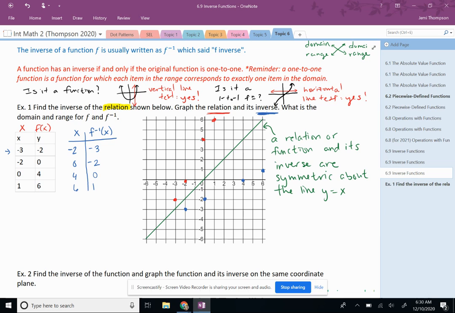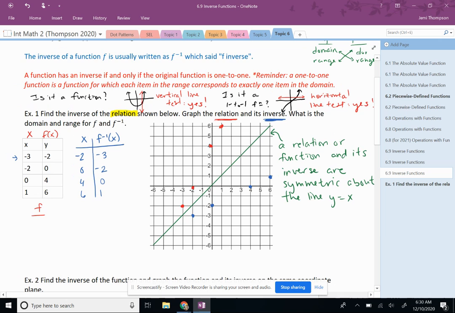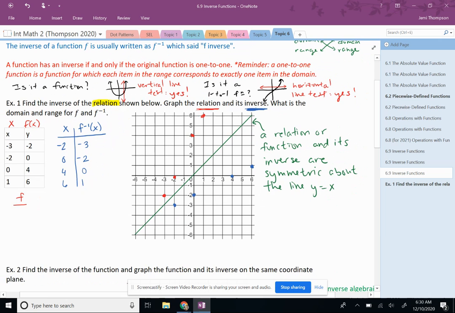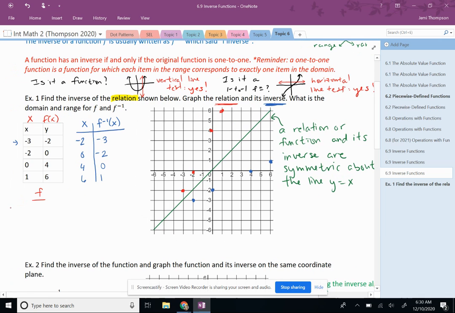Okay. So the last part of this problem says, what is the domain and range for f and f inverse? We are very accustomed to choosing an interval of numbers for our domain and range.